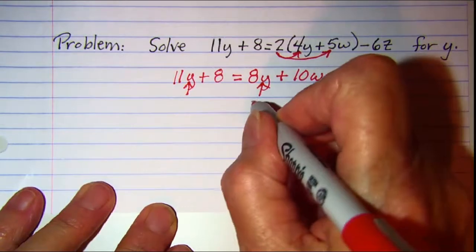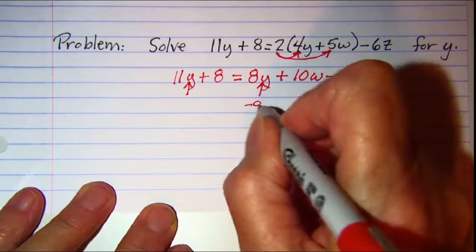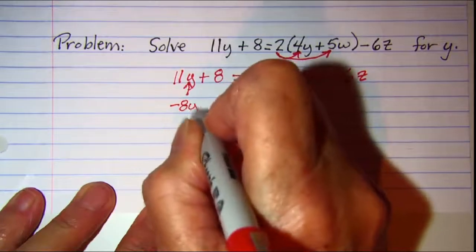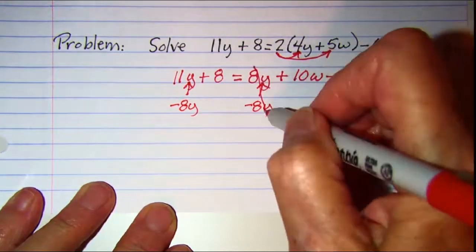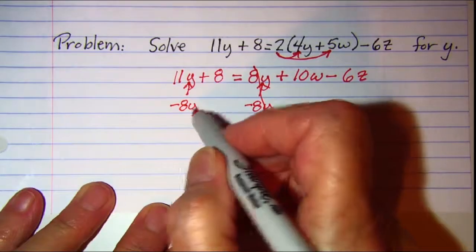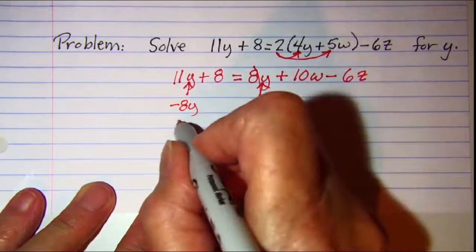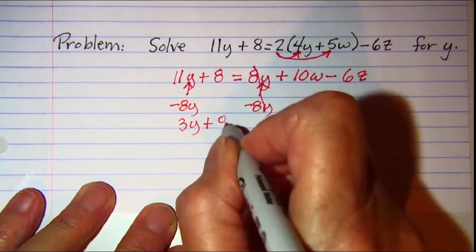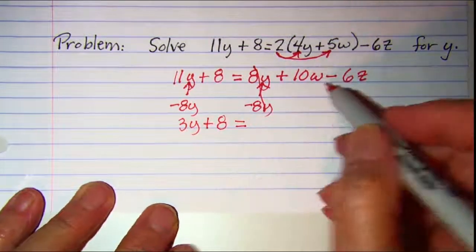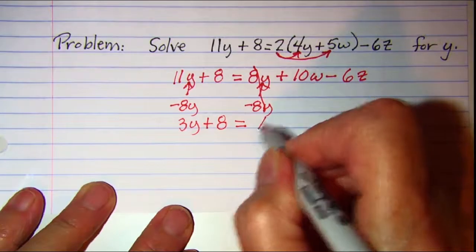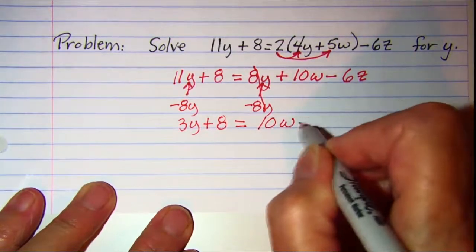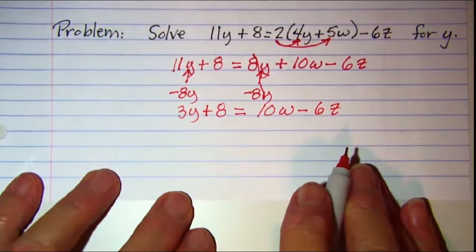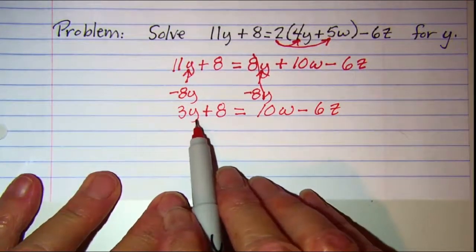So let me subtract 8y from both sides, and it'll cancel on the right side, and now we have 3y, and then copy the plus 8 equals, and on the right side we have 10w minus 6z. Right, now my y's are on the left.